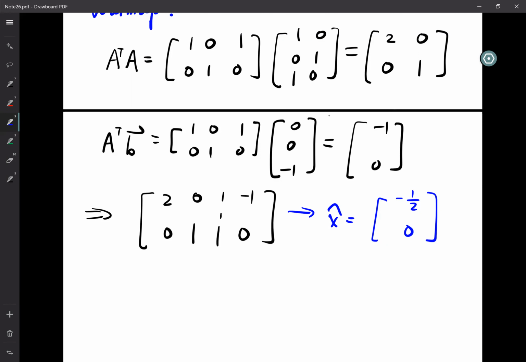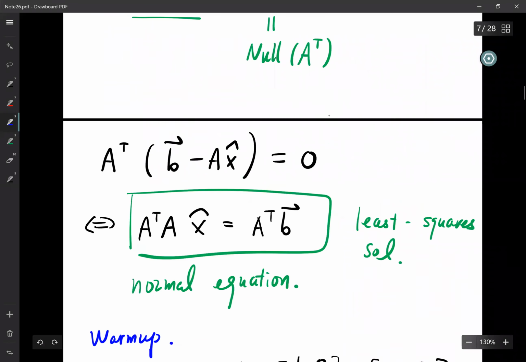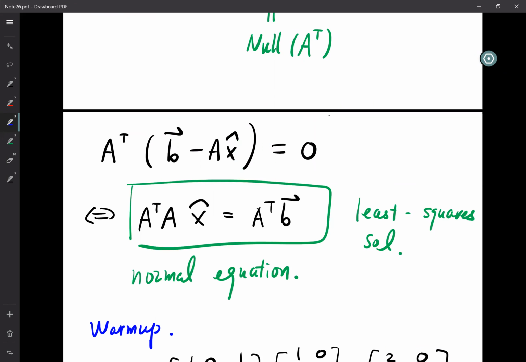We used the best approximation theorem and solved least squares, which provides a general and really simple solution.